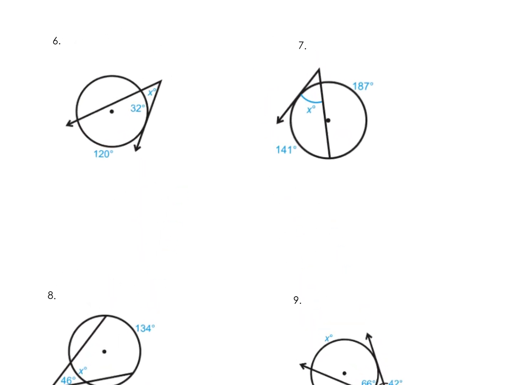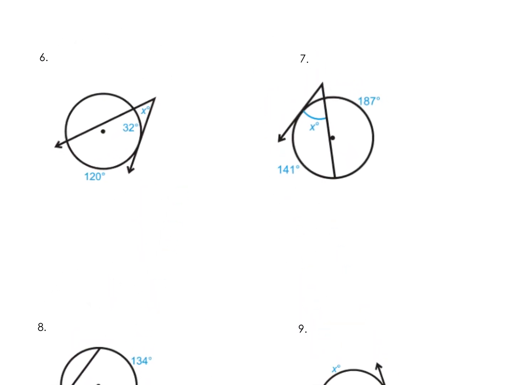All right, so let's look at examples of tangents and secants. So in our first example here, we have a tangent and a secant. Doesn't matter though, because the formula is the same. X is going to be the measure of the outside arc, which is 120, minus the inside arc, 32, divided by 2.